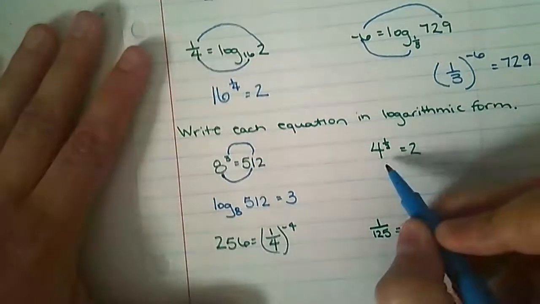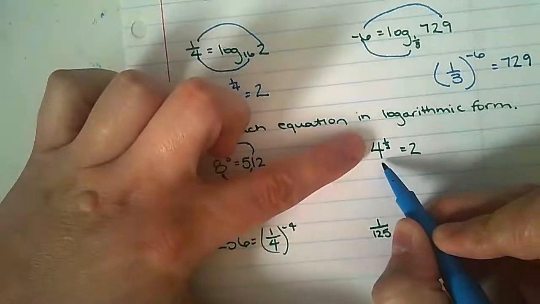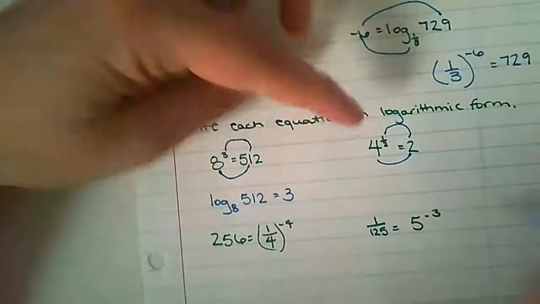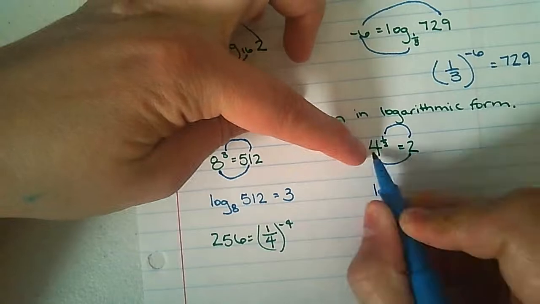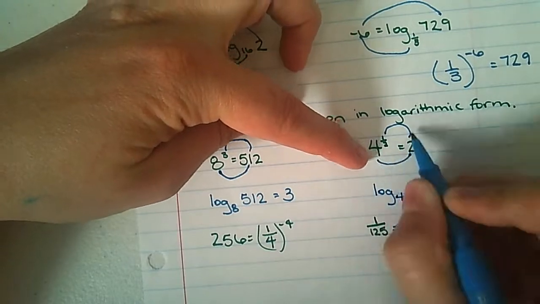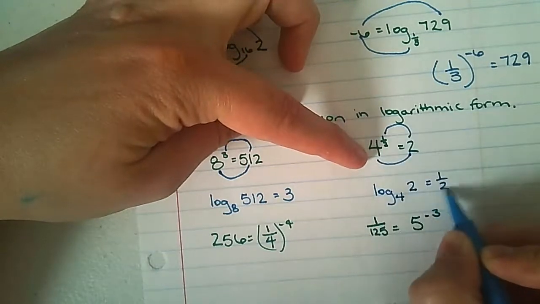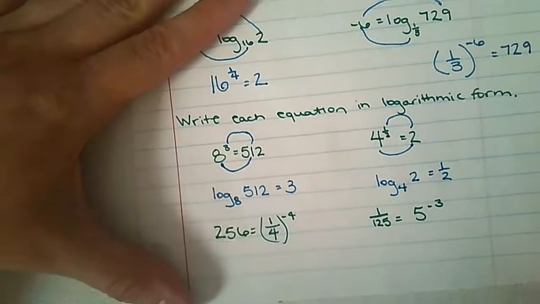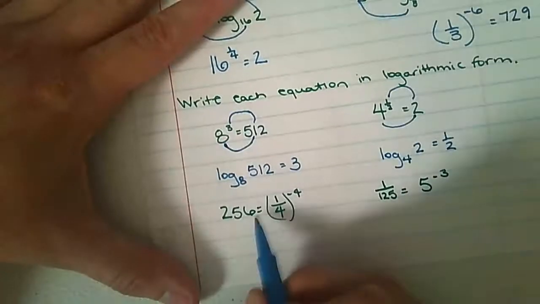So I wrote the numbers as I see them in my log roll. Okay, same thing over here. So when we do our log roll, we always go base, what it equals, what's left. So now when I write my log, 4 is my base. Then we go to 2 equals 1/2. All right, again, in IXL, they like to flip-flop these.